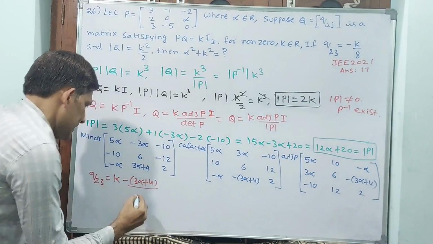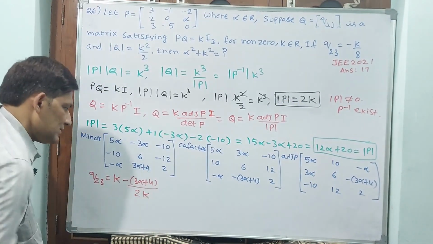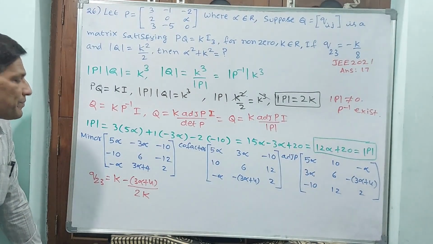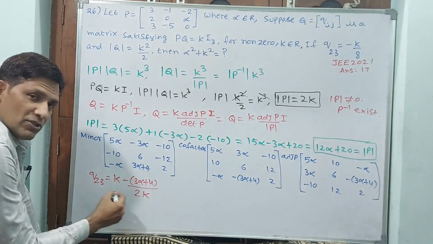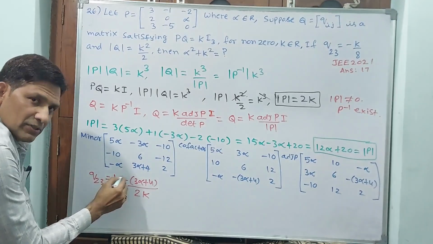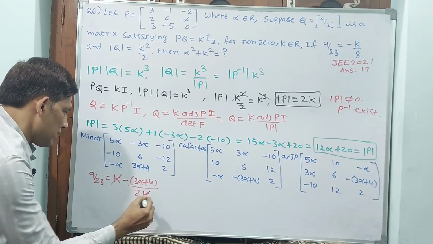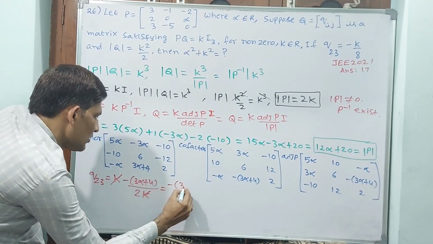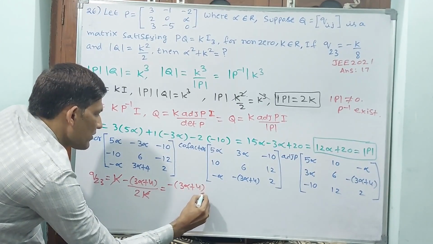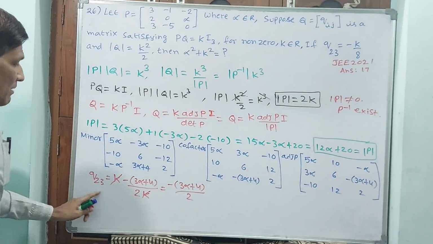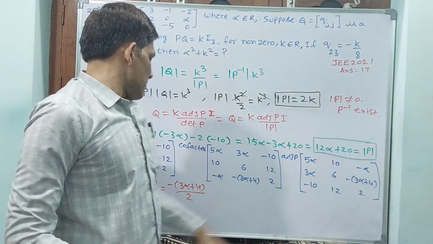Determinant P is 2K again. Okay, is it okay? Now cancel out these two. We cancel out K, automatically minus of 3 alpha plus 4 by 2 will come. But this value they have given, minus K by 8.